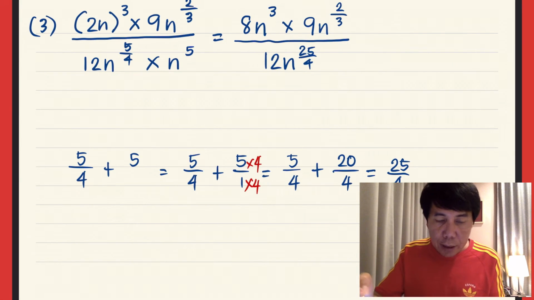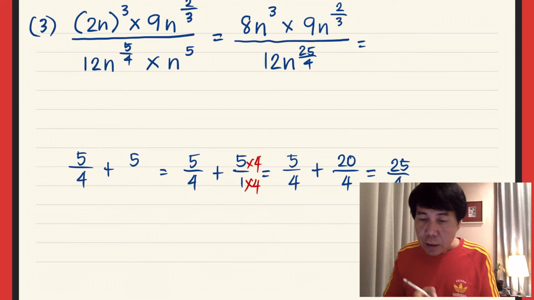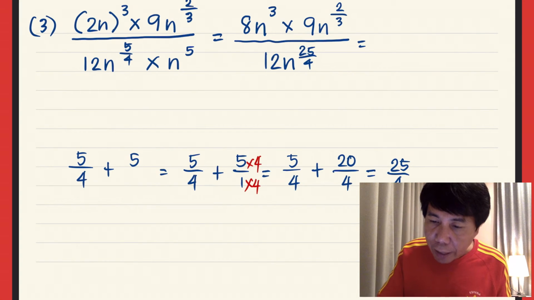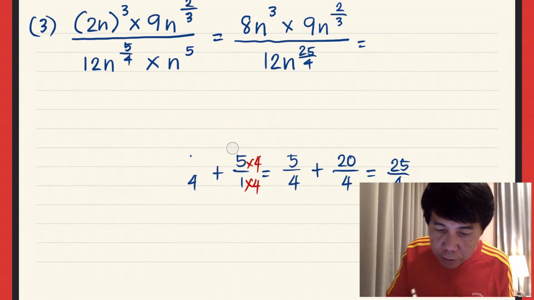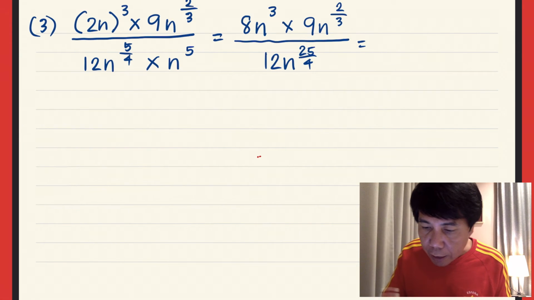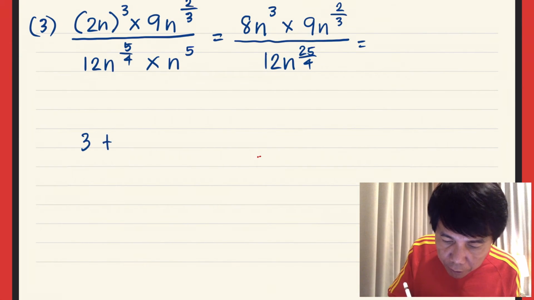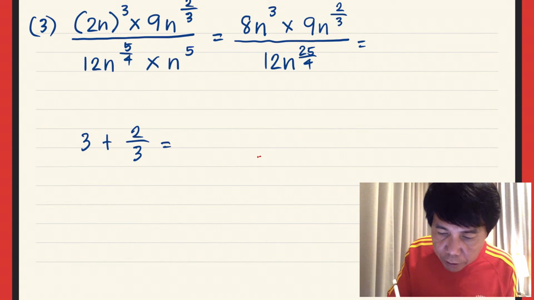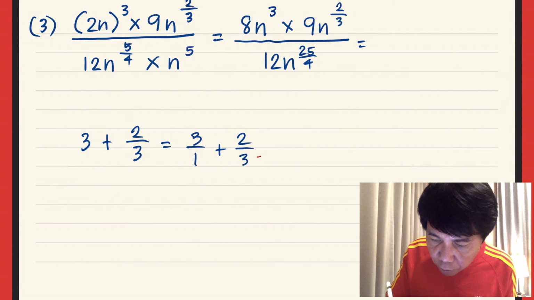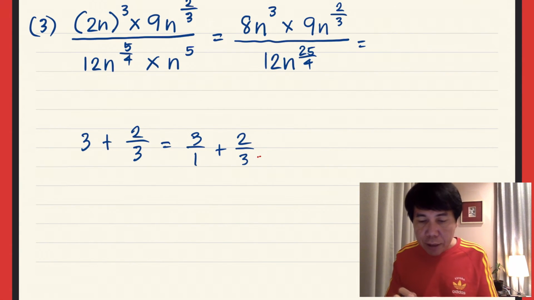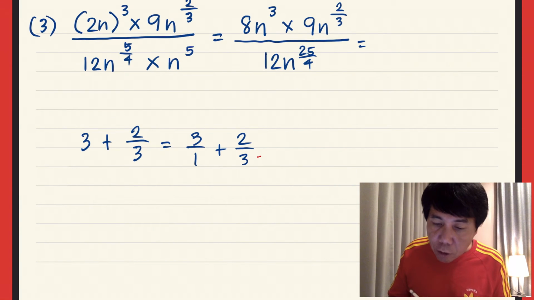Okay, now let's continue. In the numerator, we can add the exponents also. So it becomes 3 plus 2 over 3. That means it is 3 over 1 plus 2 over 3. Since the denominator of 2 over 3 is 3, we multiply the numerator and denominator of 3 over 1 by 3.